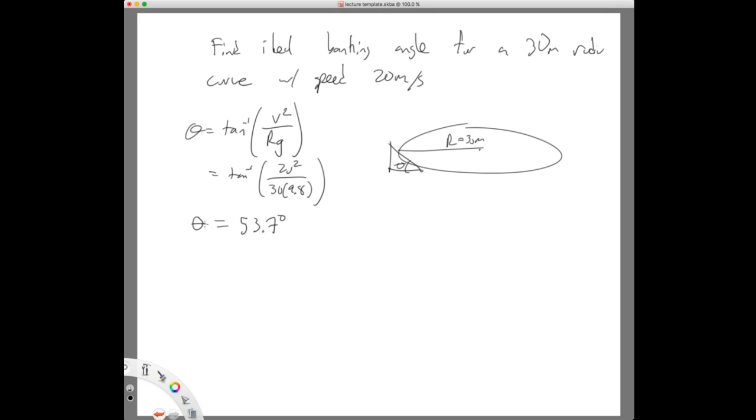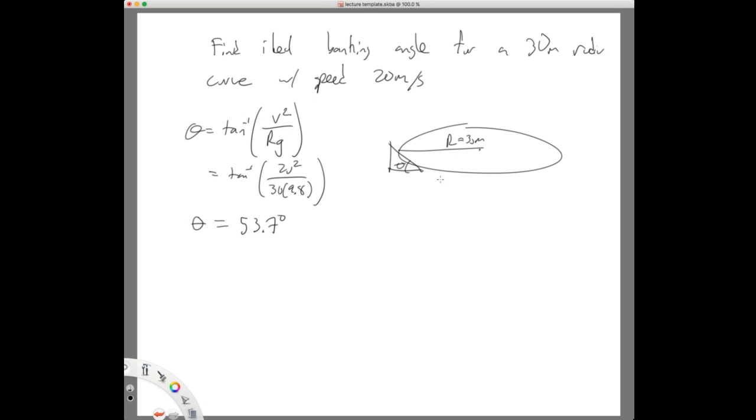So that's quite a steep slope. And 20 meters per second is not so fast. So this clearly is not something we can do. We can't really build roads at this angle and expect cars to drive around at this magic speed. At this angle, if your car stopped on the road, it would start to slide down the ramp.